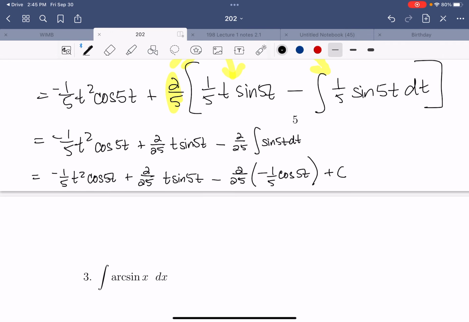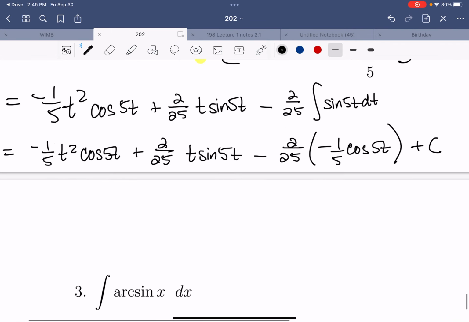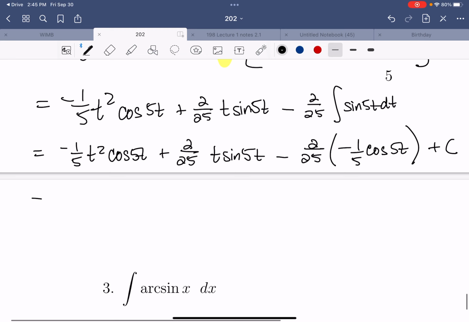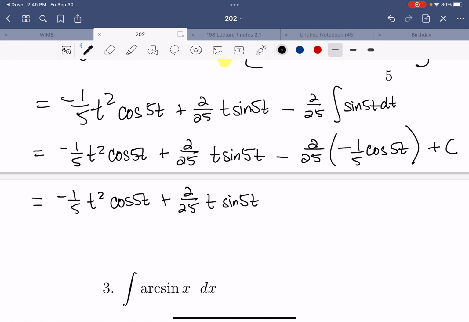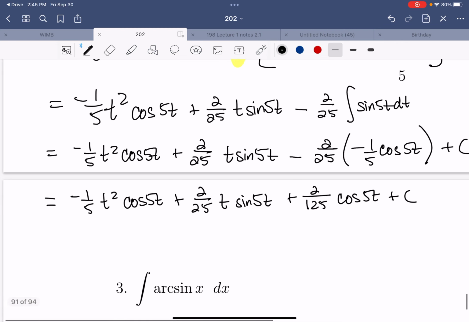And you can go ahead and distribute that. I'm running out of space, but I might be able to sneak it in here. This is negative 1/5 t squared cosine 5t plus 2/25 t sine of 5t plus 2/125 cosine of 5t plus a constant.